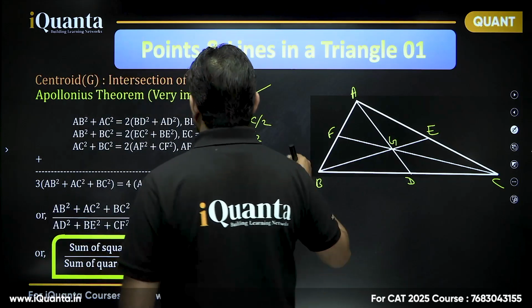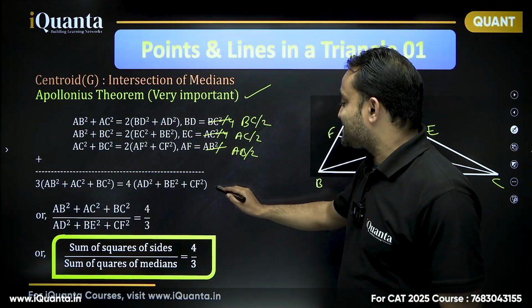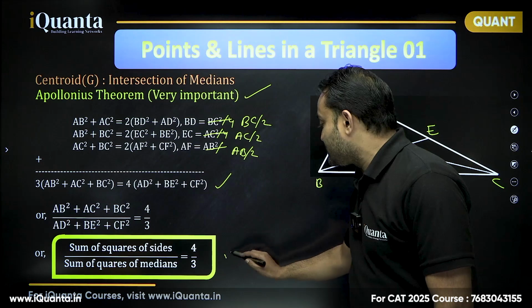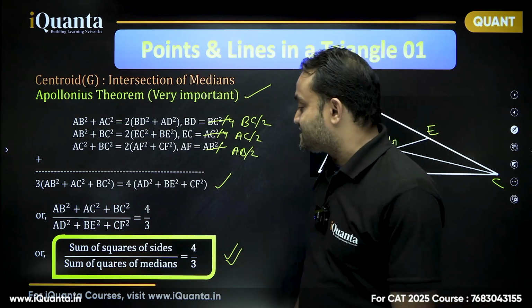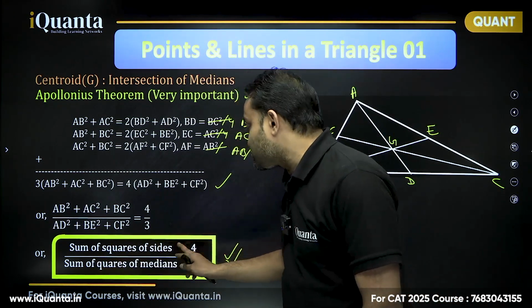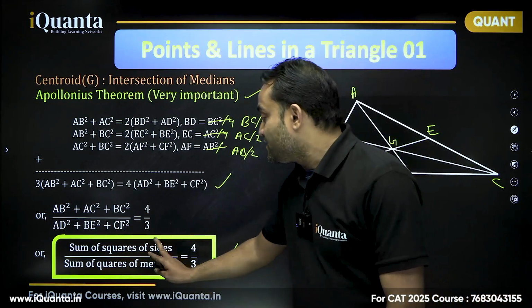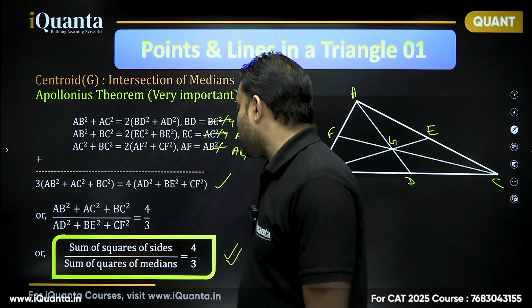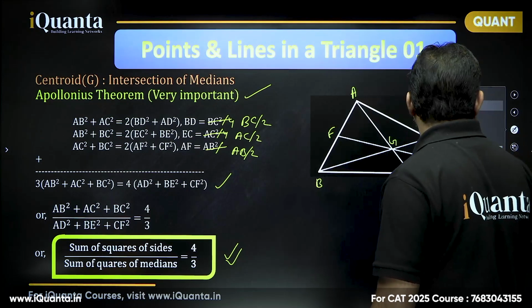Now if you use these values here, we get this relation, and ultimately we get this very important relation where it says sum of squares of all the 3 sides divided by sum of squares of the medians is equal to 4 by 3.